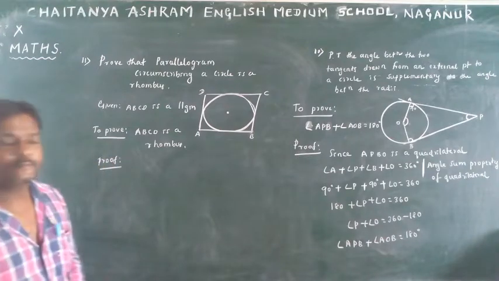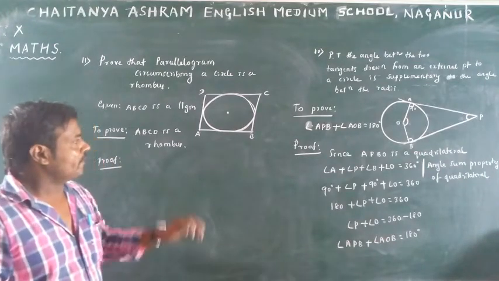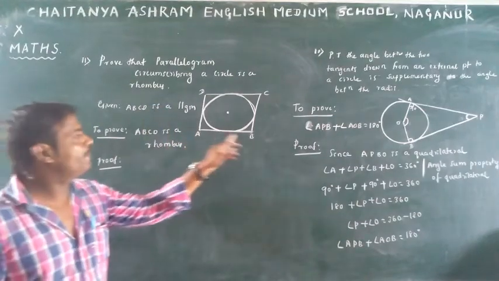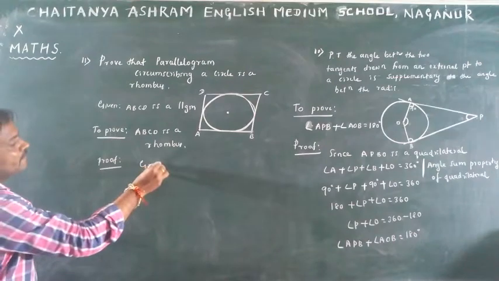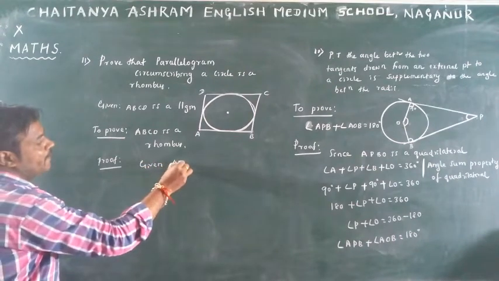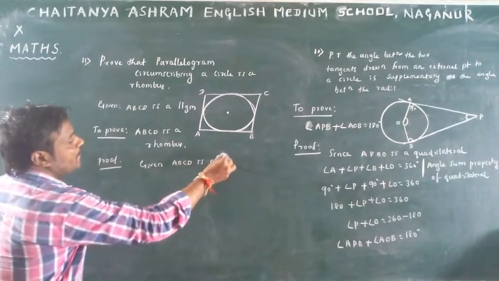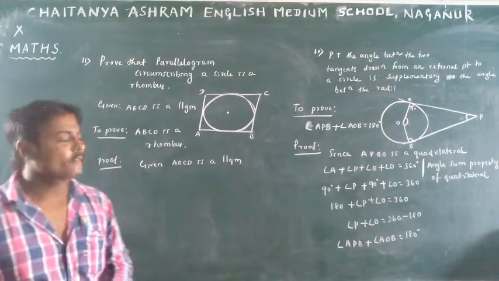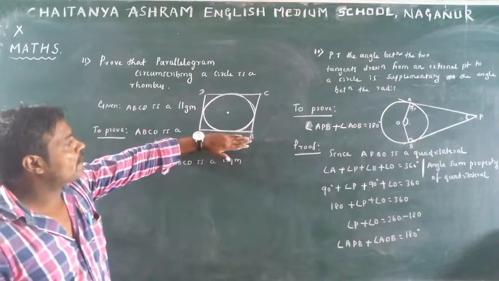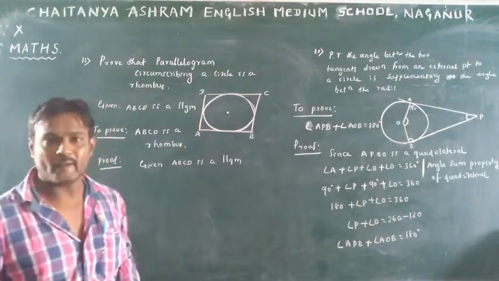Dear children, given that ABCD is a parallelogram, let's apply the property of a parallelogram. In a parallelogram, opposite sides are equal.